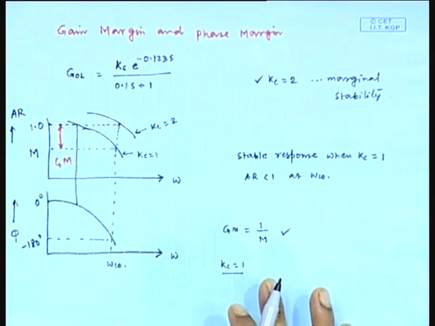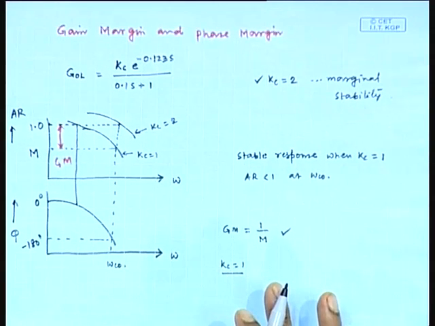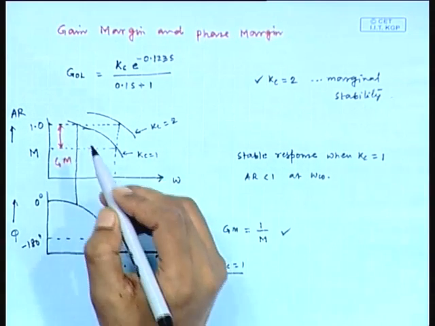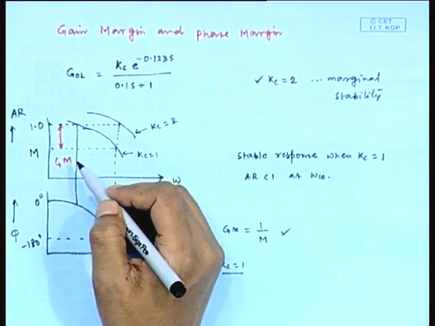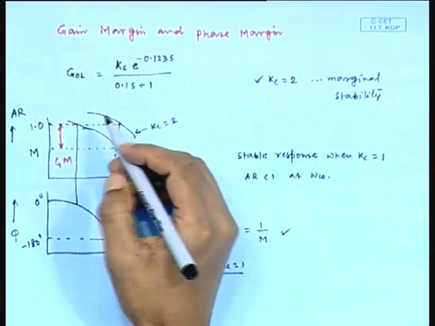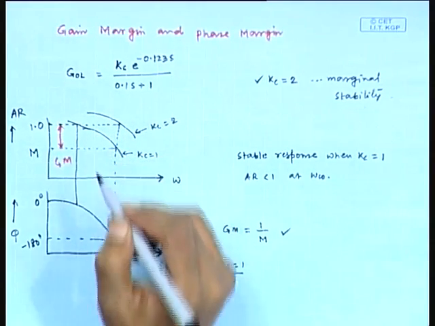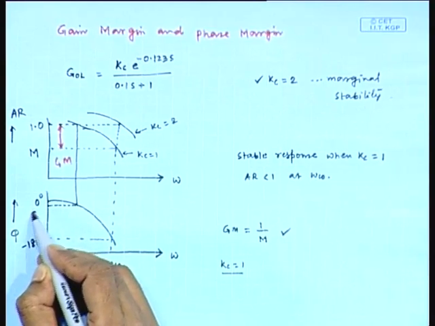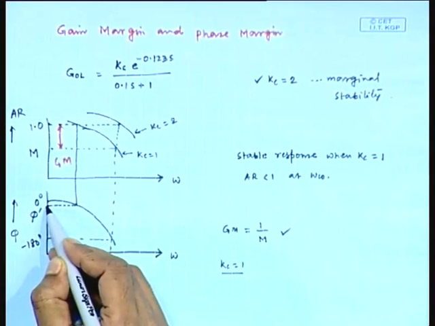Similarly, here we are considering Kc equals 1 and the corresponding value of phi is this quantity. Suppose this is phi prime, this one.